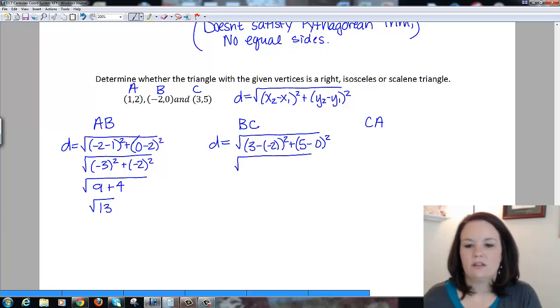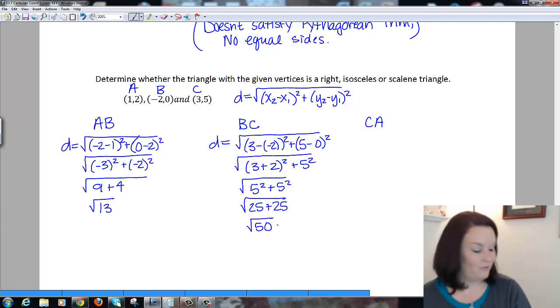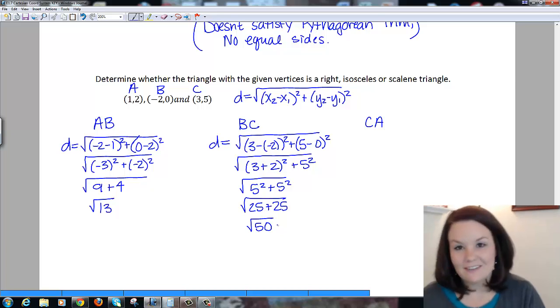So I end up with the square root of 3 plus 2 quantity squared plus 5 squared. Okay, so that gives me the square root of 5 squared plus 5 squared, which is the square root of 25 plus 25, which is the square root of 50. Again, square root of 50 is not a perfect square, so I'm just going to leave it like that.